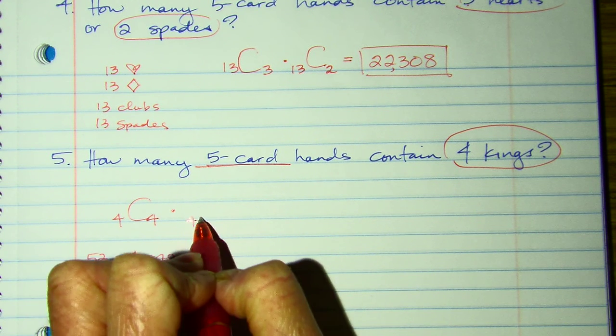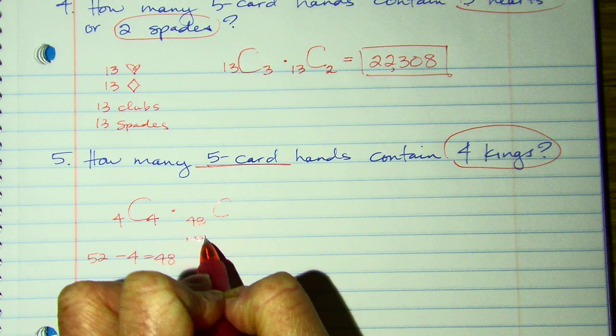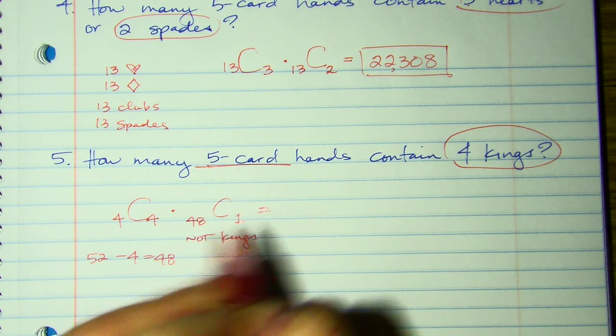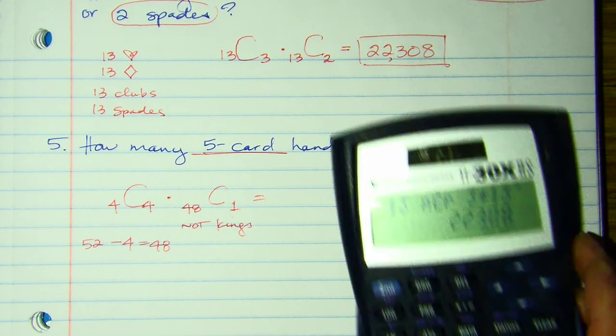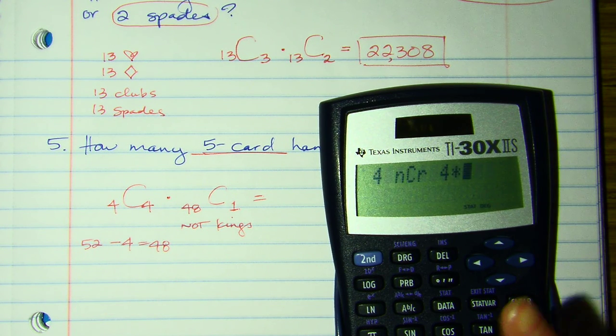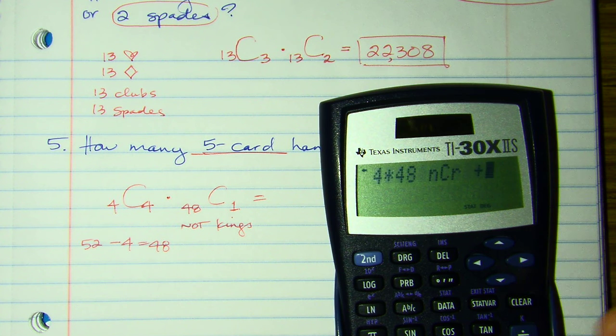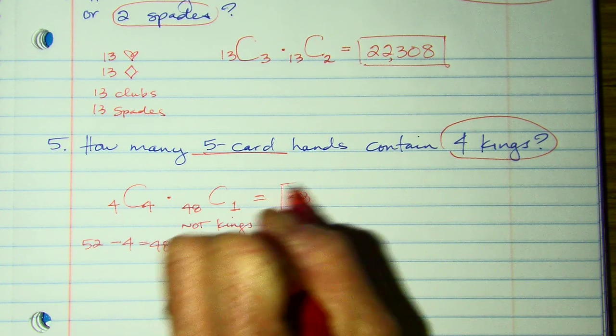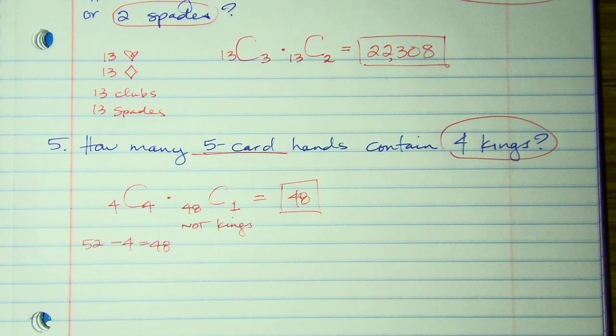So there are 48 cards that are not kings, and you're going to have 1 of them because you still need 5 cards in your hand. So 4C4 times 48C1. And I get that there are only 48 hands that contain 4 kings.